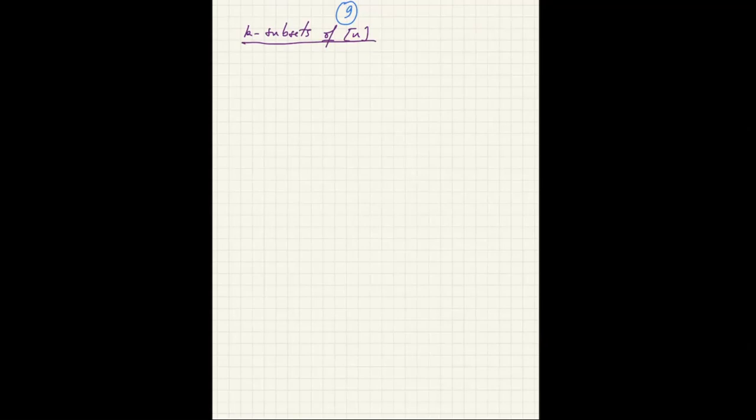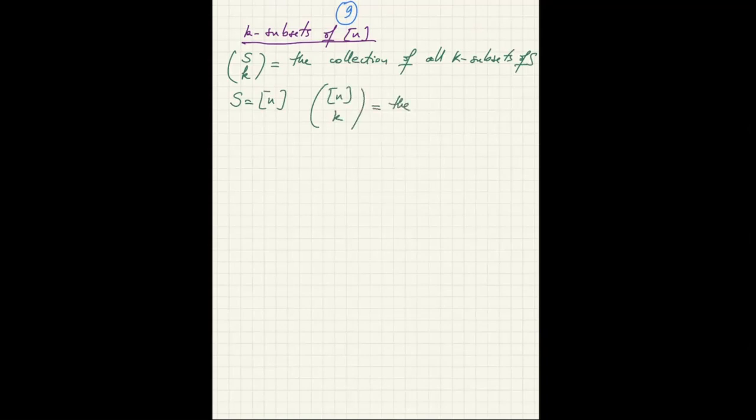So let me give you some notation first. If you have a set S, we sometimes use the notation S choose k for the collection of all k-subsets of S. So in particular, if we take S to be our set 1 to n, we can denote this as the collection of k-subsets of the set n.